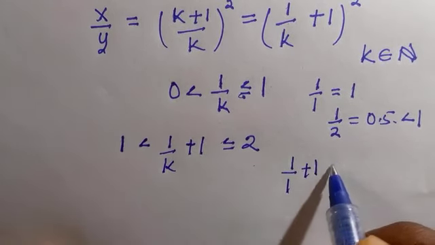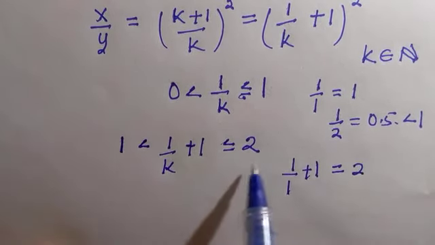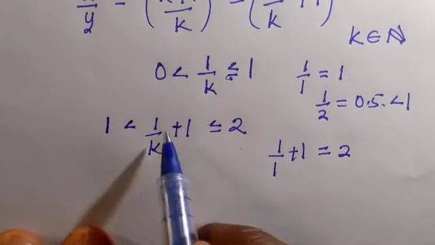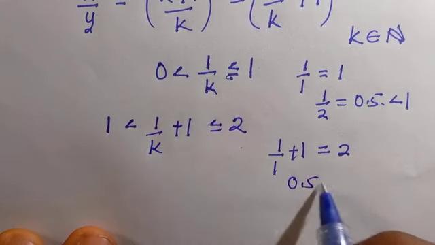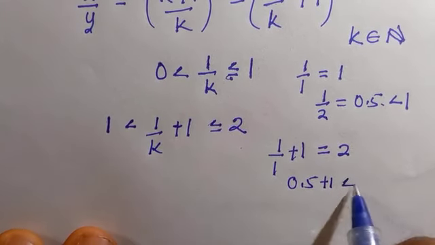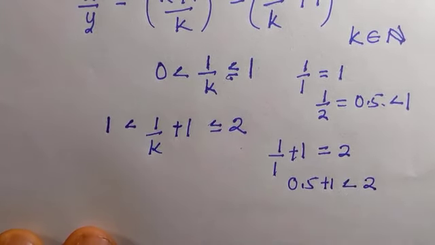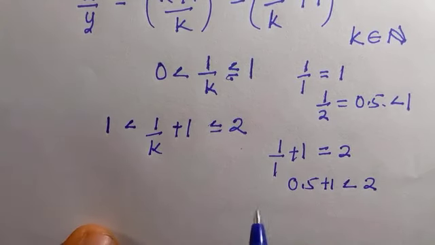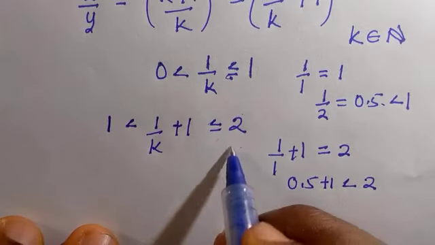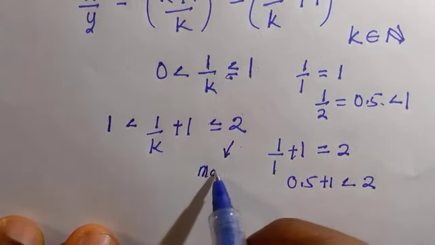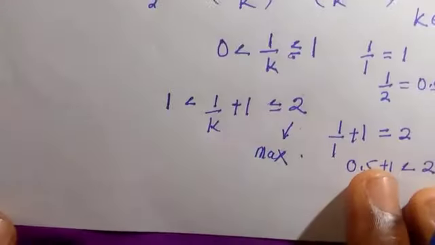At 1, we have 1 plus 1 over 1, that is 2, which is true. For k equals 2, we have 1 plus 0.5, which is less than 2. If we keep substituting these values, all must be less than 2, which means the highest value here is 2, our maximum.